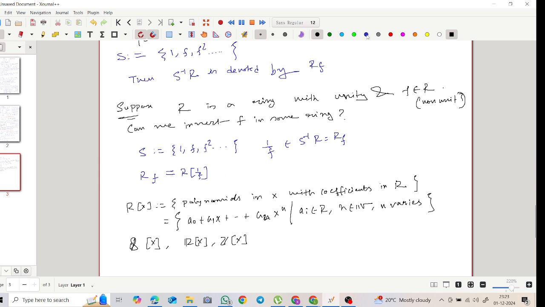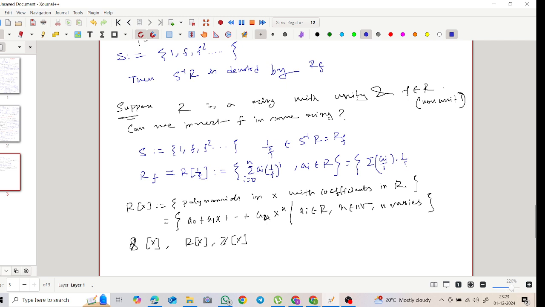So by that very same notation, R[1 by f] is defined to be this way: summation ai, where ai belongs to R. You have to understand this ai as ai by 1.